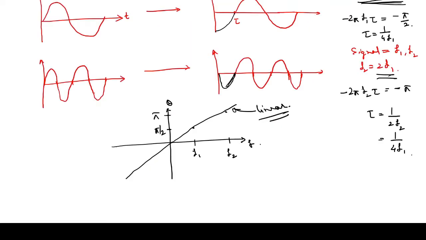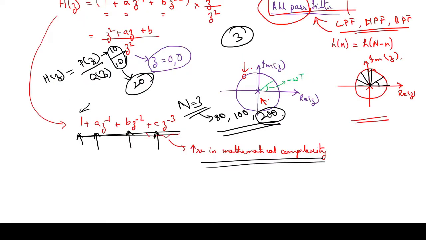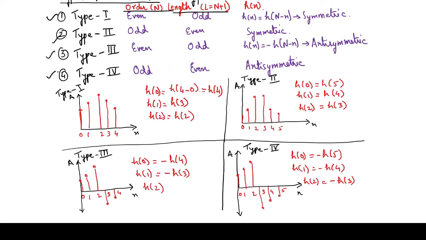Why is this so? If you look into the previous equation, the order of the filter was 3, but if you look into the coefficients, 1, 2, 3, 4, that is N plus 1. So similarly over here also, order of the filter and the length of the filter would be different.